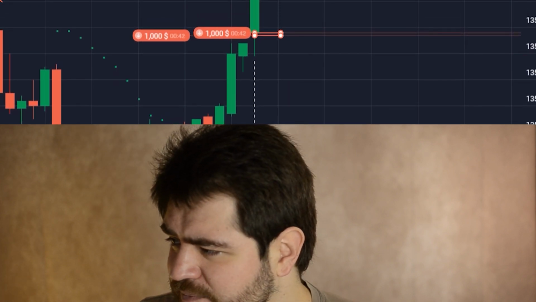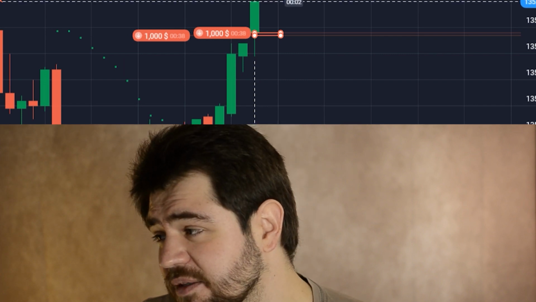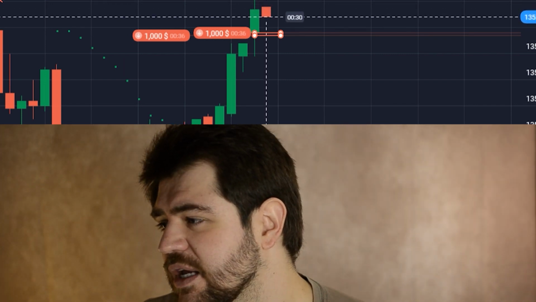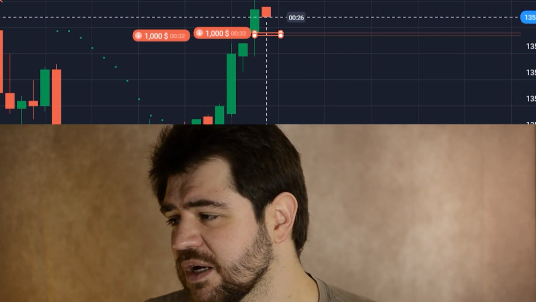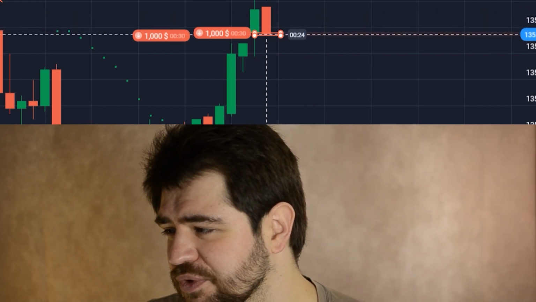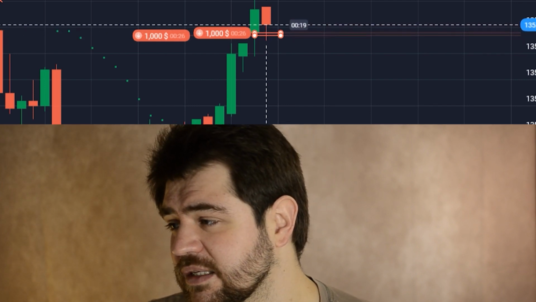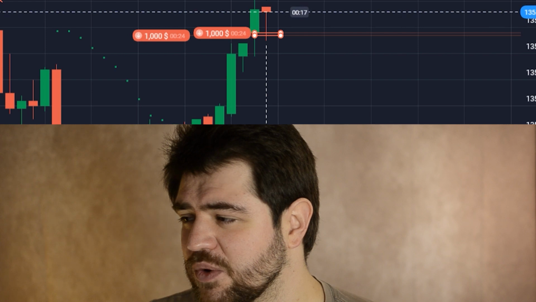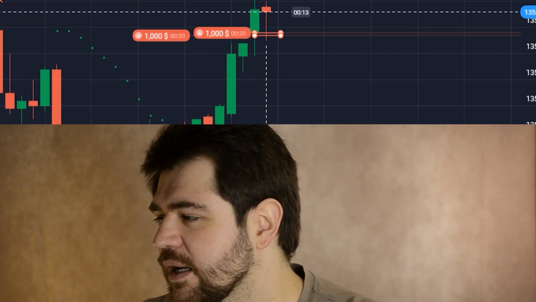But the idea is that that's actually not a good sign when it does that, because when it goes up like that with an impulse through the resistance level, it usually doesn't have the power to stay there, but we'll see.